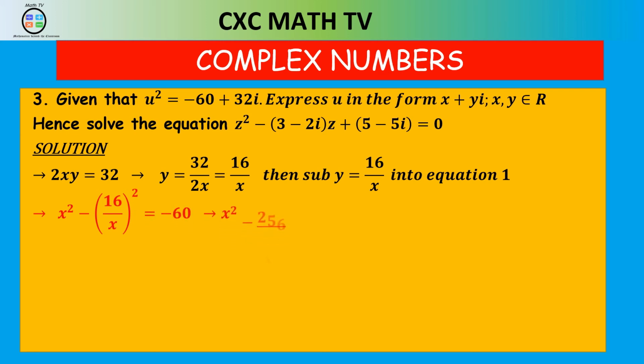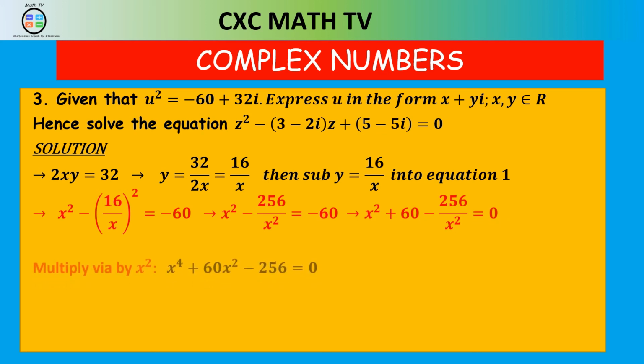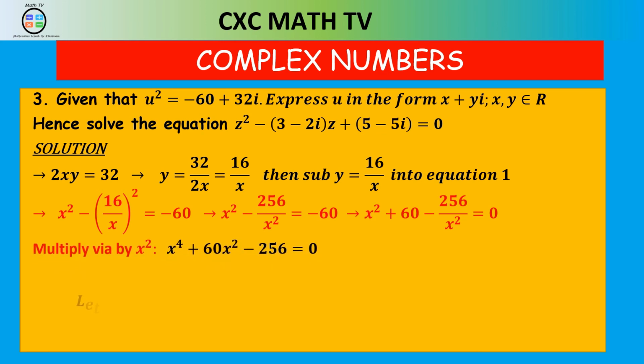You may proceed and factorize: (m minus 4)(m plus 64) is equal to 0. Now m is equal to 4 or m is equal to negative 64 from those factors, so x squared is 4 or x squared is negative 64 because we called m x squared.